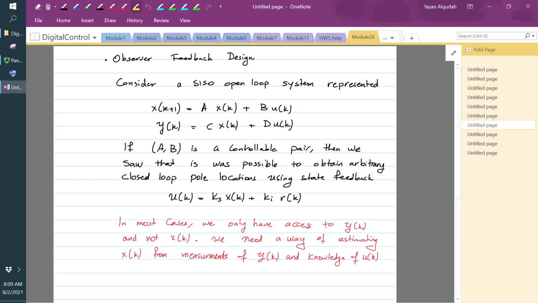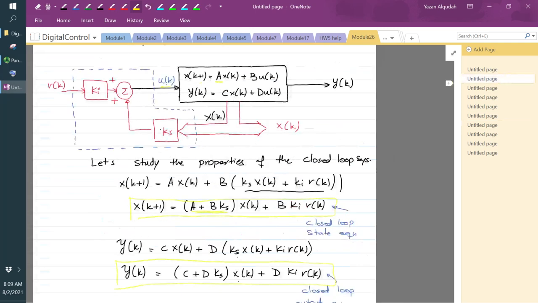I have to have sensors that measure all the states, because this is part of the feedback that we're going to be using. I'm using x of k, and I need access to all the states of the system in order to apply this feedback.